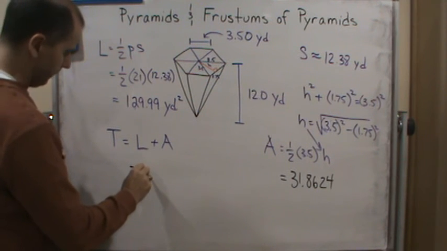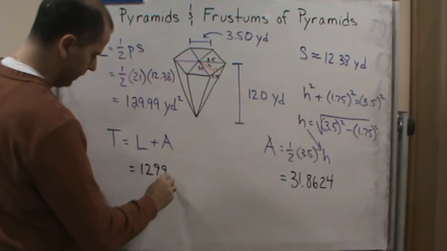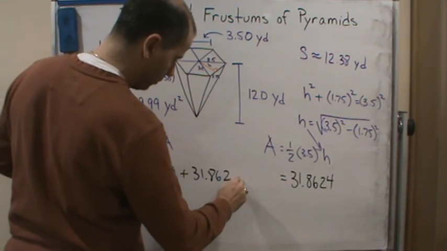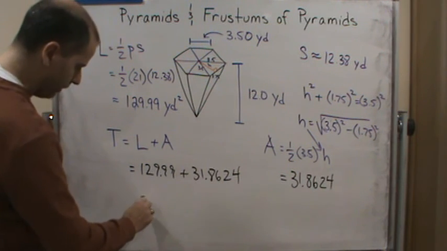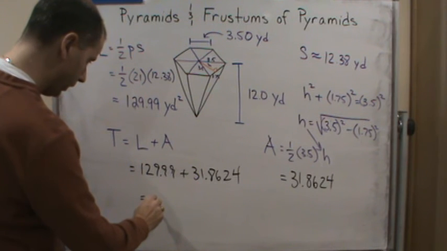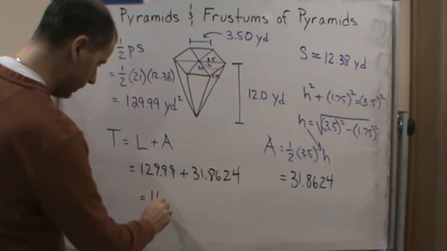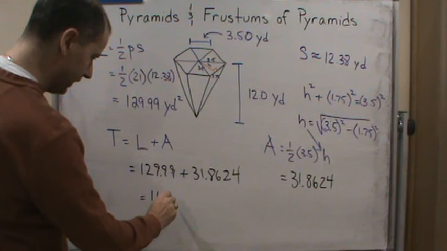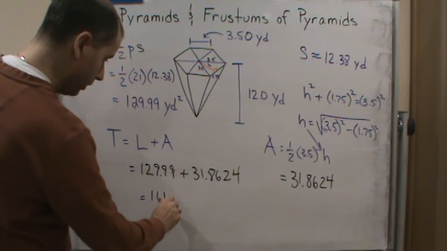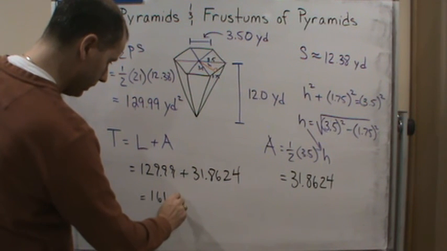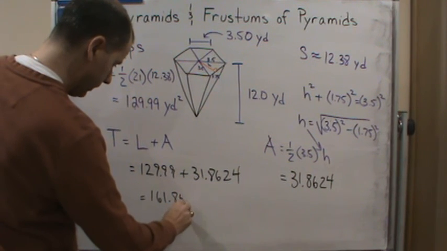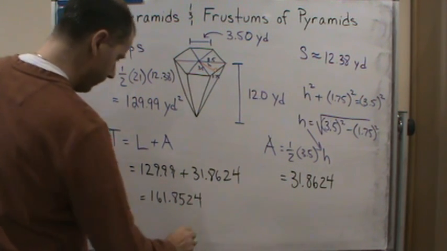surface area that we found, so that's going to be 129.99 plus the base area, and that gives us our final answer of 161.8524.